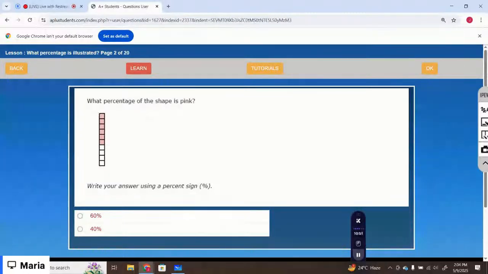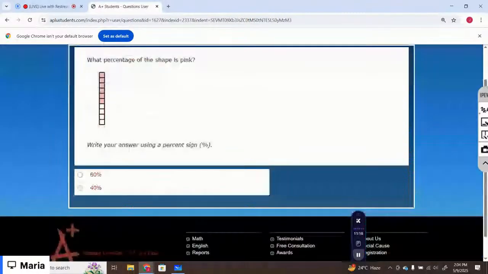What percentage of the shape is pink? That is 60% because 6 out of 10 is colored, so that means 60% of the shape is pink.